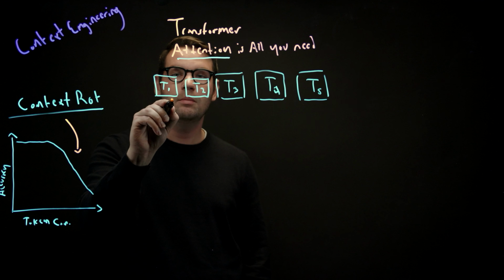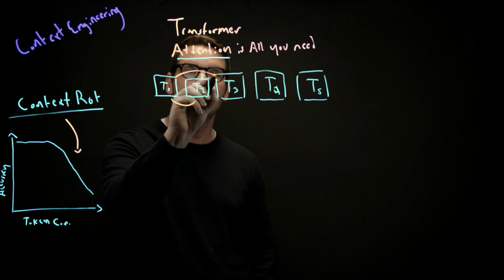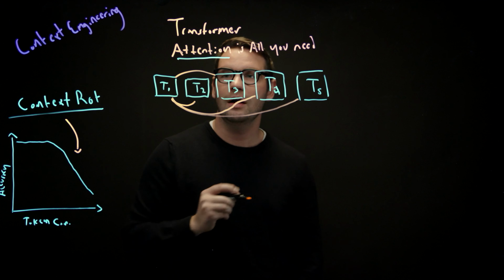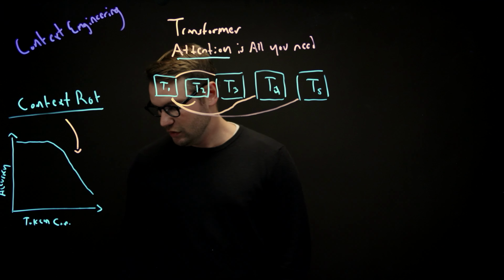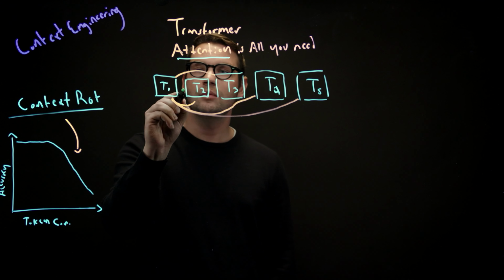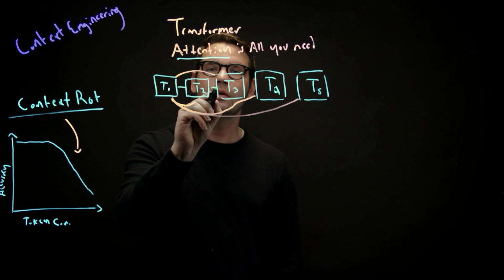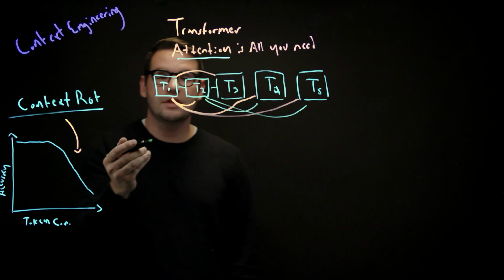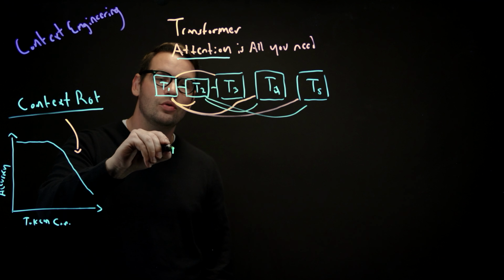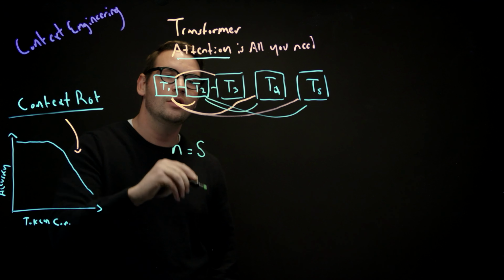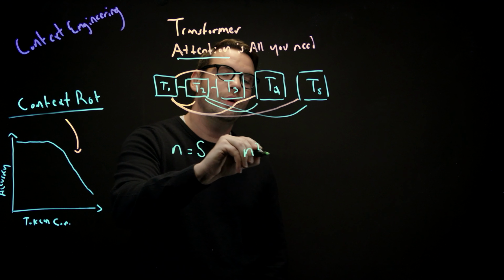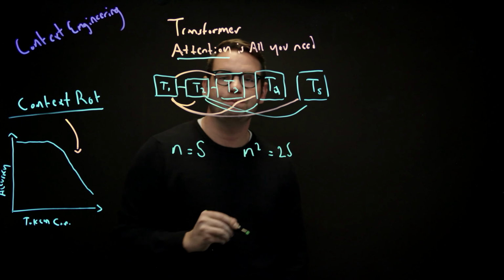So token 1 must be able to attend to token 2, token 3, token 4, and token 5. And conversely, token 2 would need to be able to attend to token 1, token 3, token 4, and token 5. So in this case, we have n, and let's say n equals 5, the number of tokens. But because of attention, it's actually n squared, which equals 25.